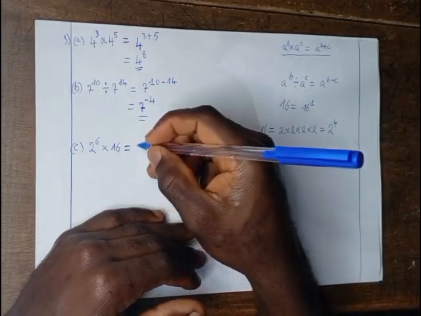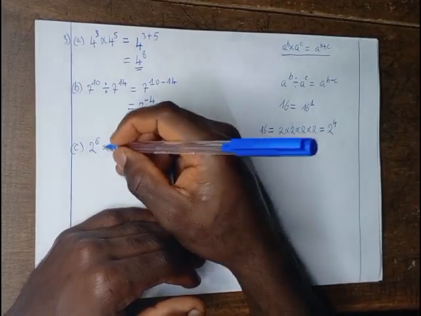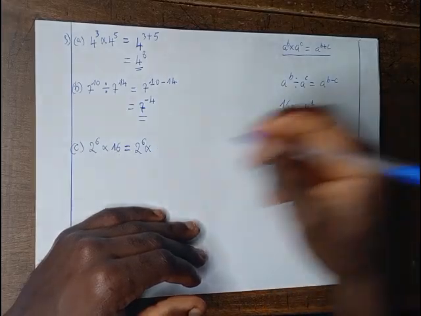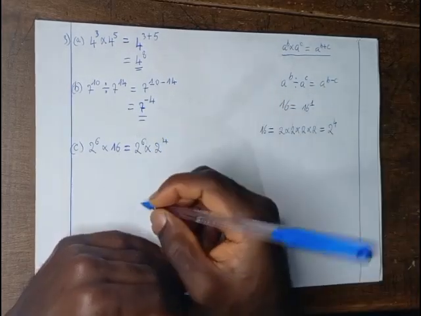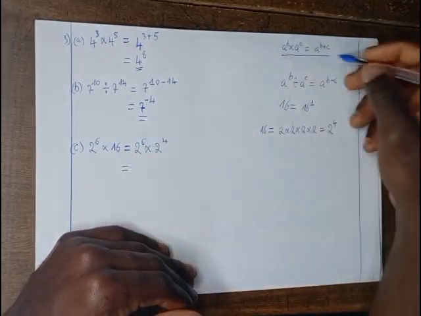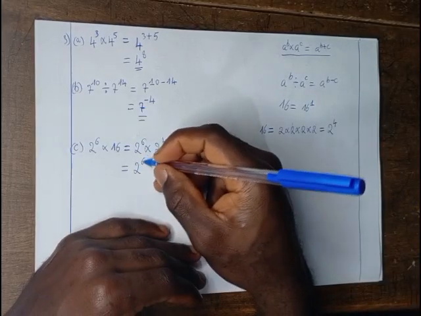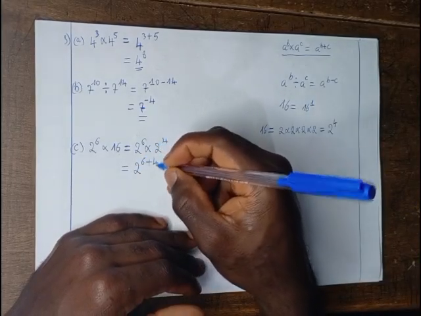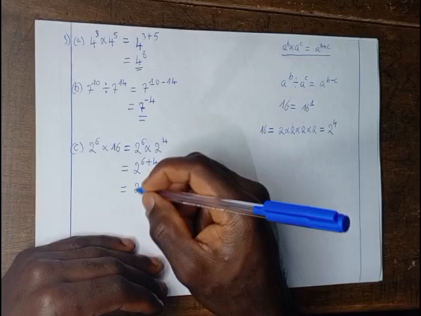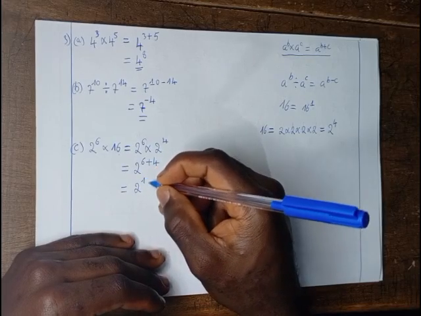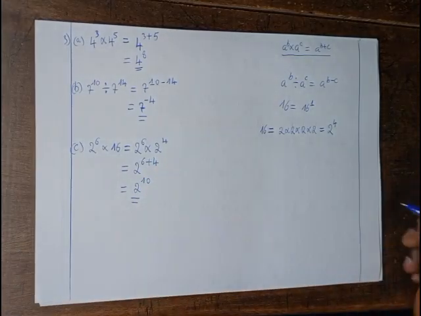This will be equal to 2 raised to the power 6 times 2 raised to the power 4. Now we can apply the first law. So this will be equal to 2 raised to the power 6 plus 4, which gives us 2 raised to the power 10. So this is the solution.